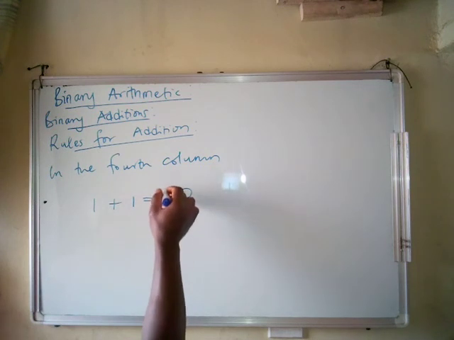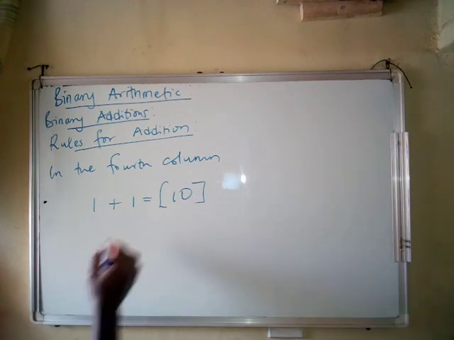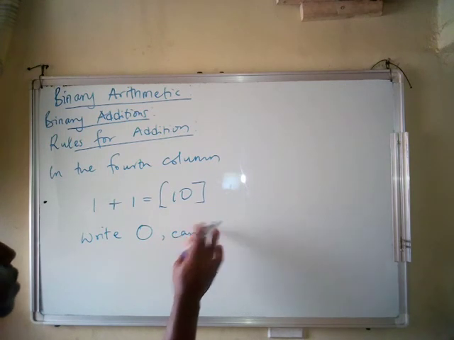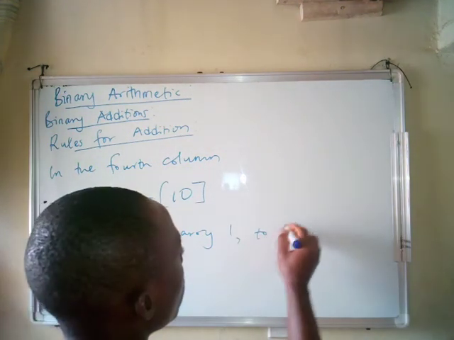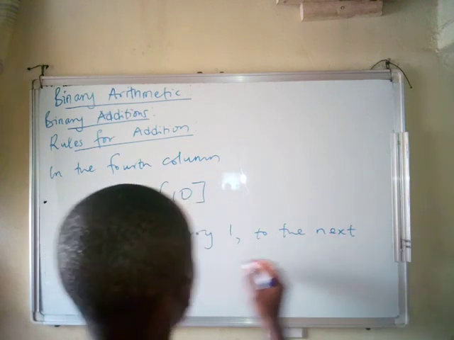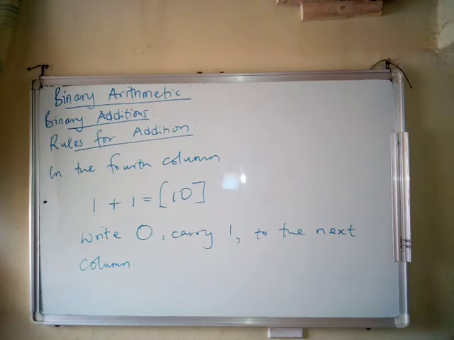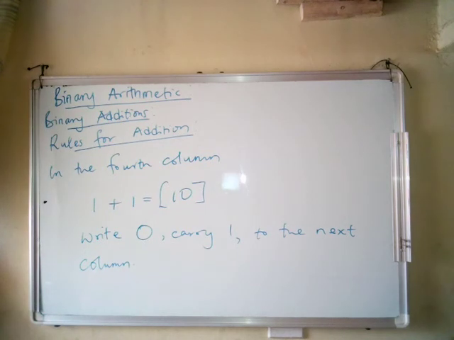It will give you 10 actually. But it's not 10 you write, so you write 0 and carry 1 to the next column. So that's the rule for binary additions.